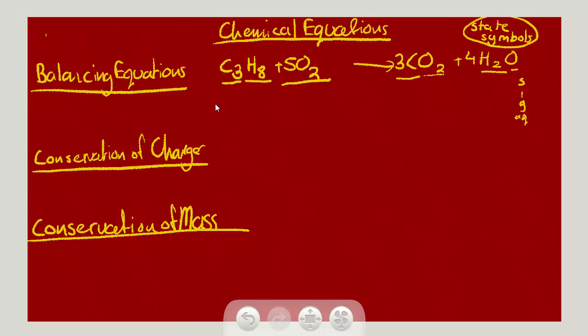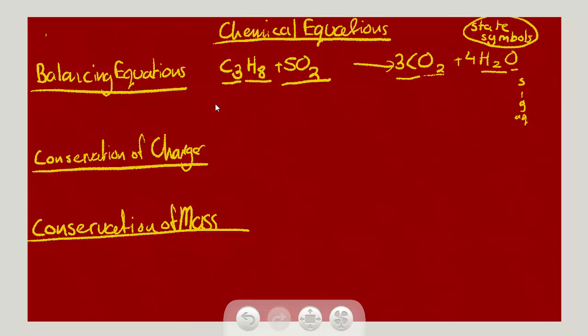S signifies solid, L is liquid, G is gas, and AQ signifies aqueous. Aqueous indicates that the element or compound has been dissolved in water.